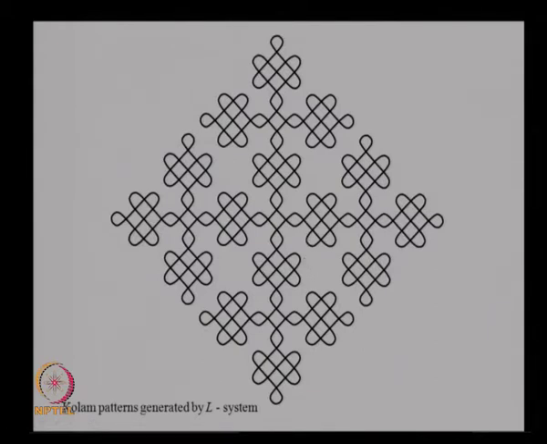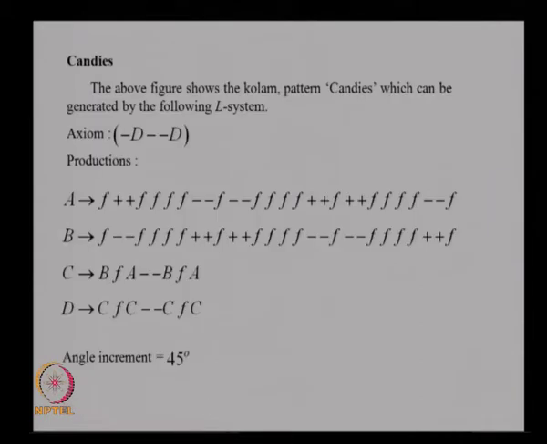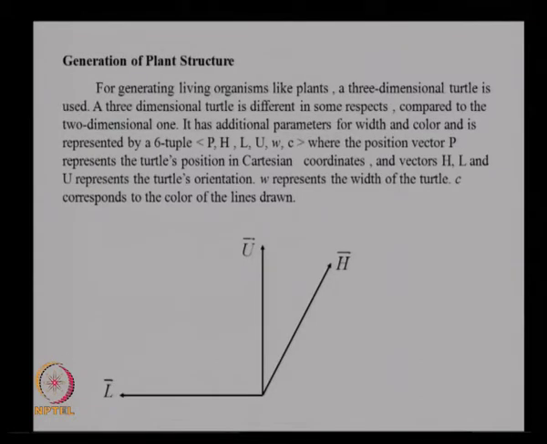Of course, successive points are joined by a smooth curve using B-spline interpolation. Now, plant structures can be generated and you can get beautiful computer imagery using this.